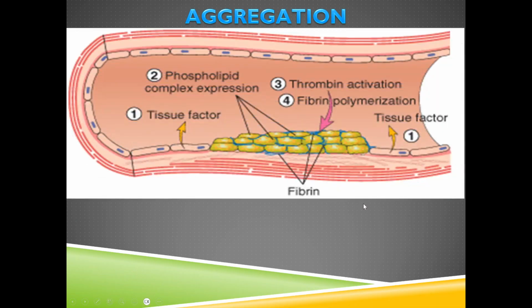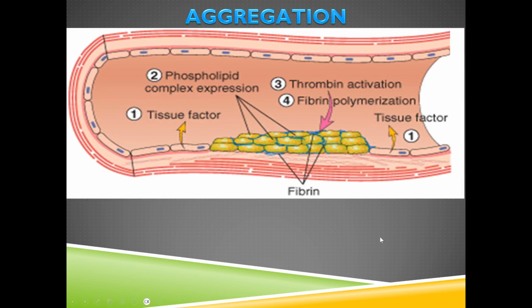And the third step is aggregation. Now you can see here the platelets are attached to one another like a brick wall, and this is called aggregation. Attachment of platelet to platelet is called aggregation. These are all the phases that help in that: tissue factor release, phospholipid composition, thrombin activation, fibrin polymerization.